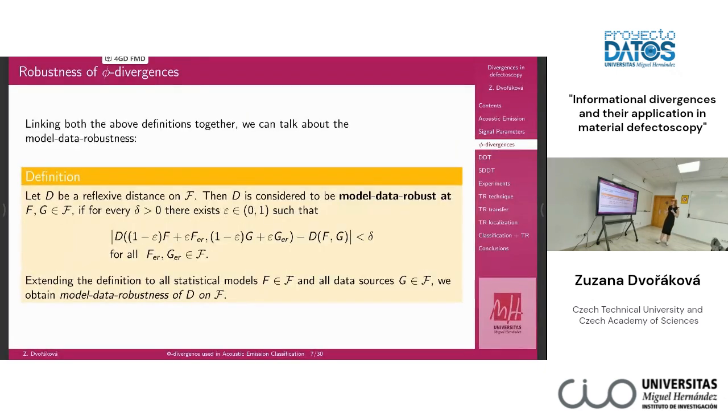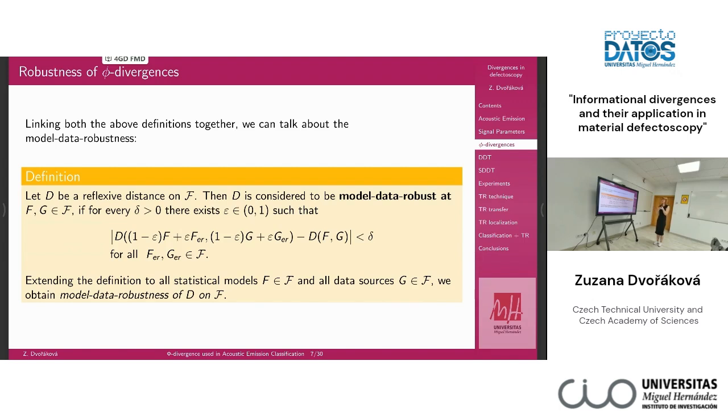And the combination of both previous robustness notions is model data robust, which means that we combine both previous definitions together.